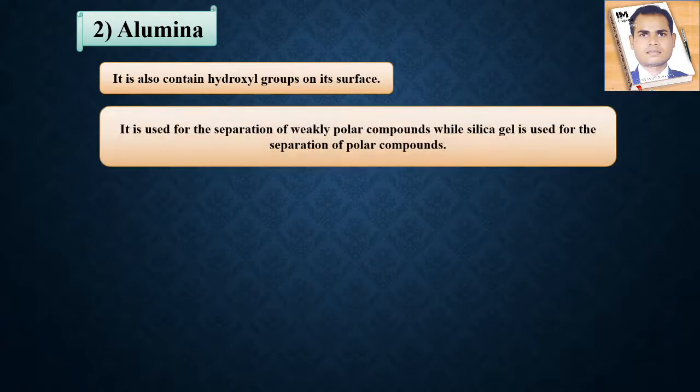adsorbent. It is used for the separation of weakly polar compounds, while silica is used for the separation of polar compounds. If we have weakly polar compounds in the sample, we can use the alumina. Or if we want to separate the polar compound, then we can use the silica gel adsorbent.